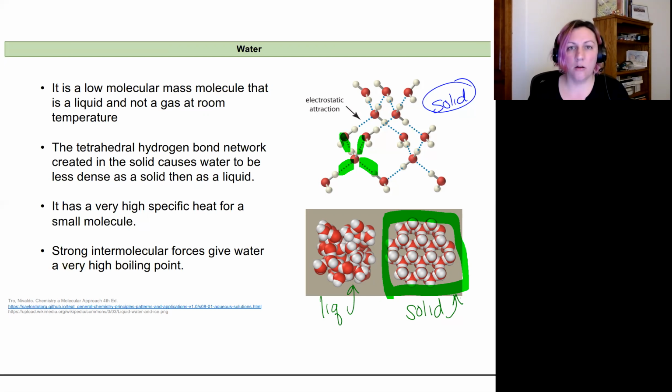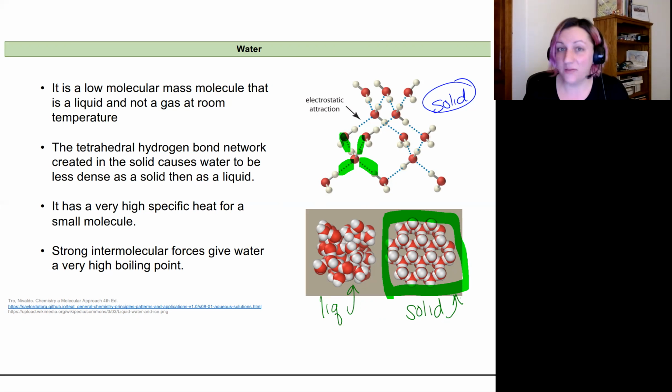And so this can go along in our laundry list of things that make water different and magical and amazing and mind-boggling, even though it's not magical. It has this low molecular mass that makes it able, like you would expect it to be a gas because it's so light, but it's actually a liquid at room temperature because of these strong intermolecular forces.